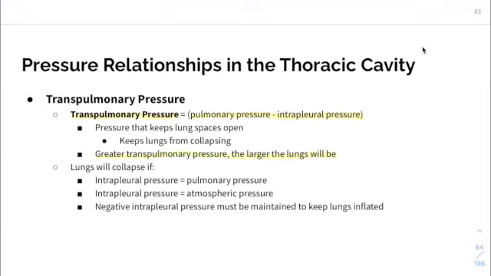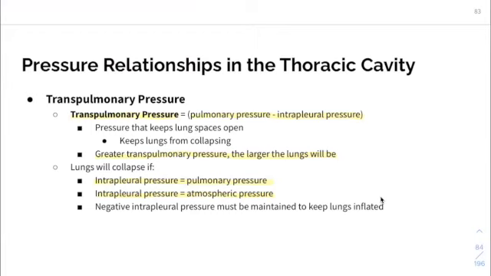If our intrapleural pressure is equal to pulmonary pressure, our lungs are going to collapse. That's not a good thing. If our intrapleural pressure is equal to atmospheric pressure, our lungs are also going to collapse. So that's why the intrapleural pressure must always be negative, less than what is in the lungs.